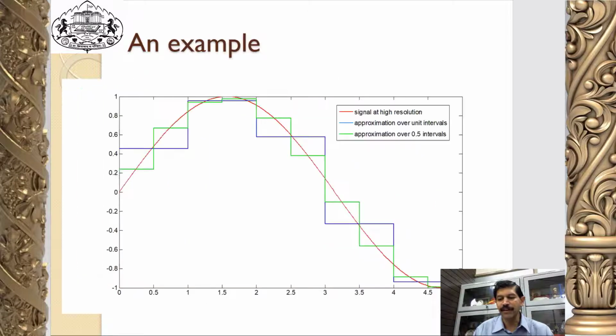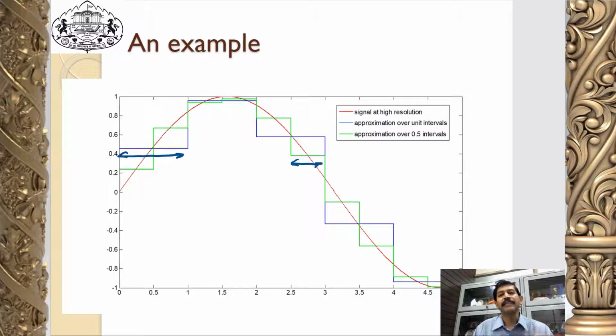This is a quick example wherein one particular signal is approximated using different window sizes. For example, this is one window size. As against that, this is a smaller window size. And you can clearly understand, as the window size keeps on reducing, the representation of the signal becomes better and better.